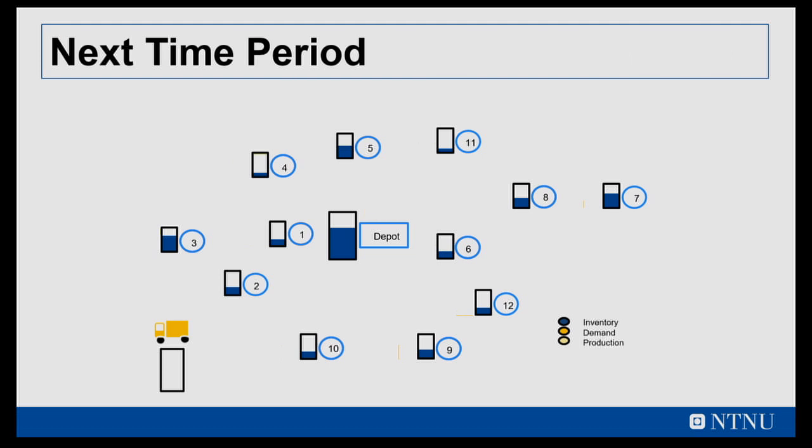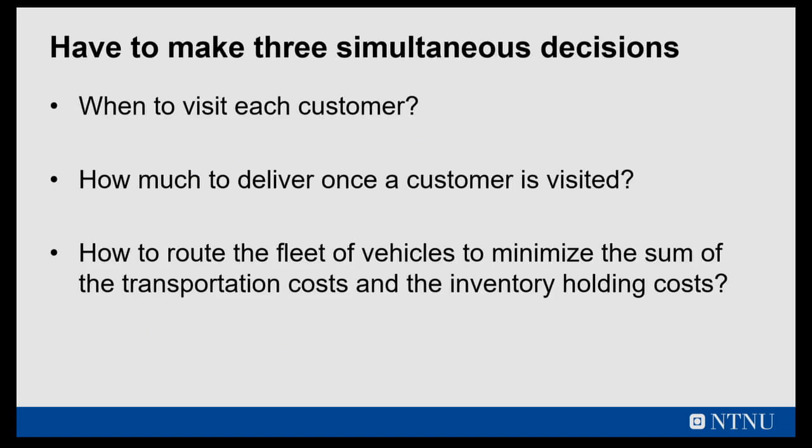And then we get to the next period, with an updated inventory balance at each customer and the depot, and we can execute the next day's plan. So in the IRP, we have to make three simultaneous decisions. We have to decide when to visit a customer, how much to deliver once the customer is visited, and how to route our fleet of vehicles such that we minimize the sum of the transportation costs and the inventory holding costs.